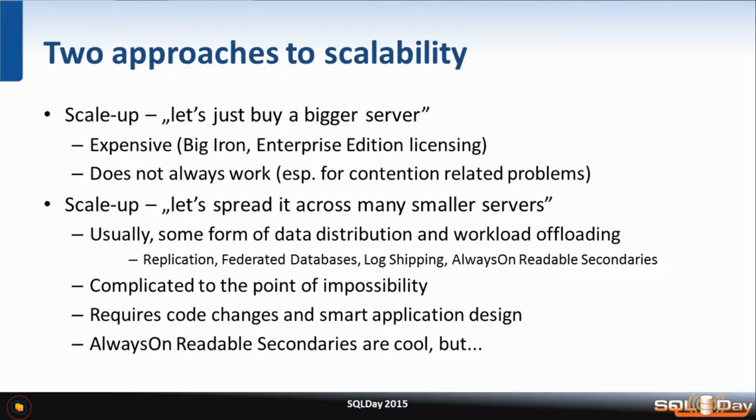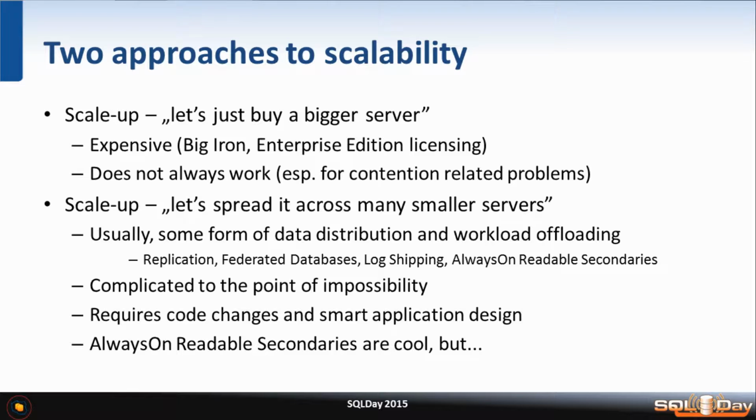Scale out is typically some form of data distribution and then load balancing of your workload across multiple instances and multiple databases that might be holding either a full copy or some part of your data. So it might be replication, it might be federated databases or federated servers as they used to be called.